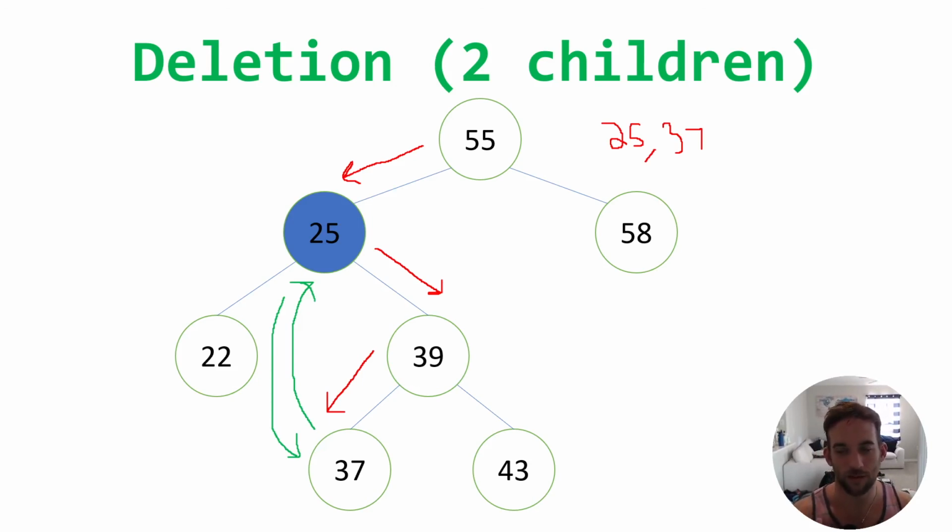Well, actually, no, I take that back. It has a chance that it could have a right child, in which case you would move that up. So if you went to the leftmost and 37 had one child, then that right child will be linked to the successor's parent.